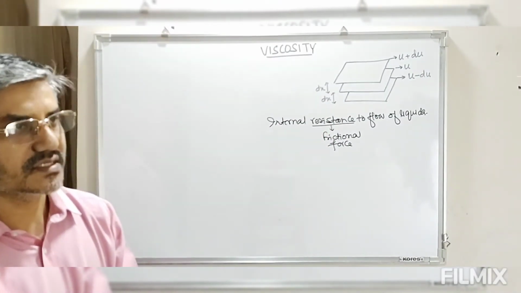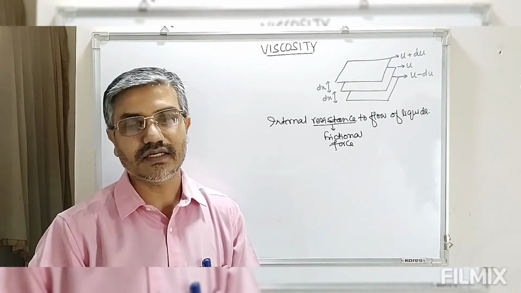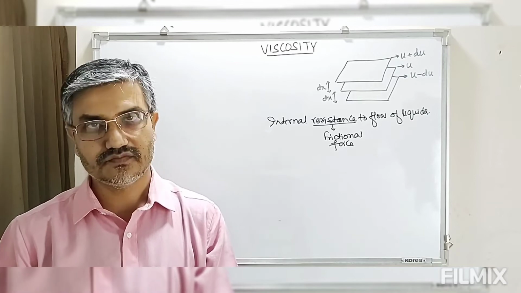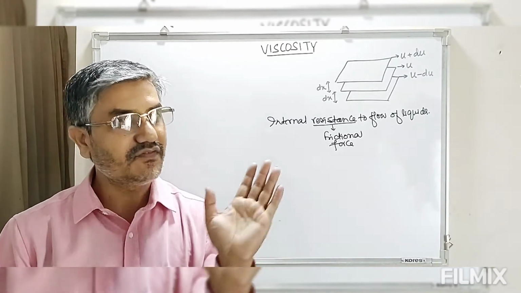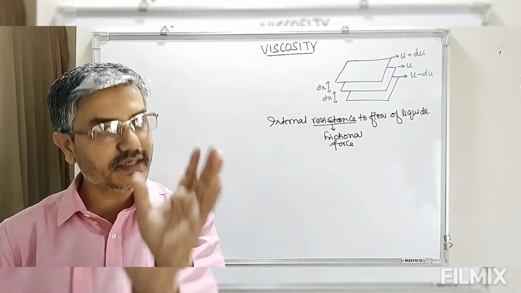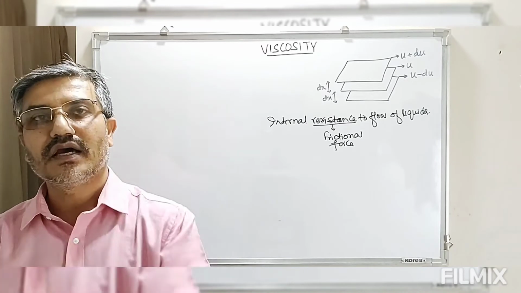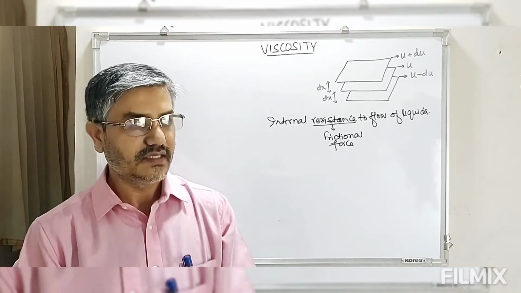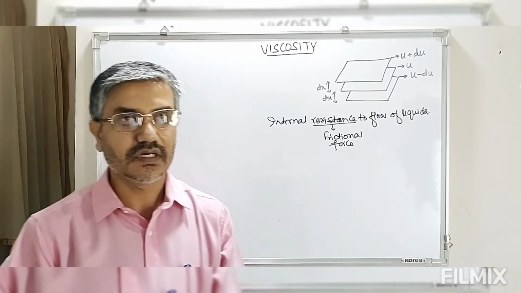Now look at this. For the layer which is in contact with the sides of the container, the velocity is 0. Moving from there to the center, the velocity increases. So the liquid exactly at the center will always move with higher velocity. The same is applicable to the flow of water in a river.